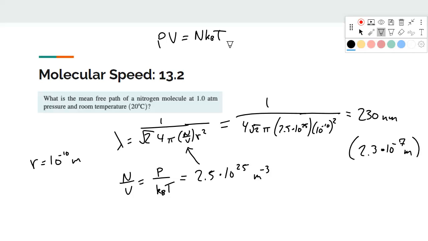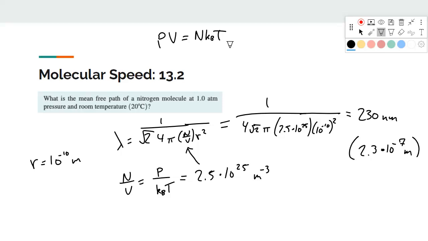Okay, so that is the mean free path for this case. A very small distance, objectively speaking, but compared to the radius of the molecules, they can go a few hundred of their radii before they bounce into something. So it's not like a box of gas is completely packed, but it is pretty energetic, able to bounce into itself.